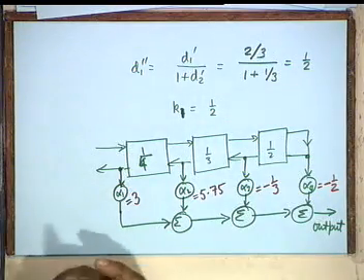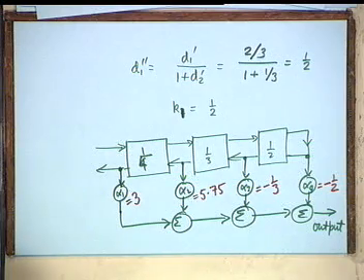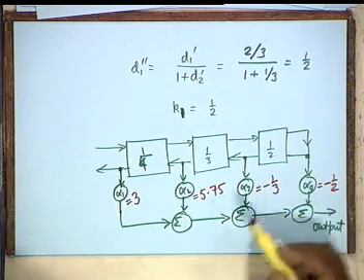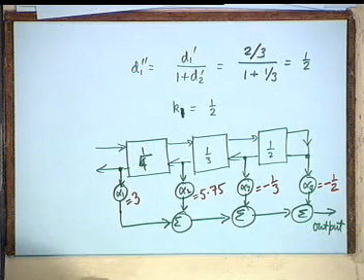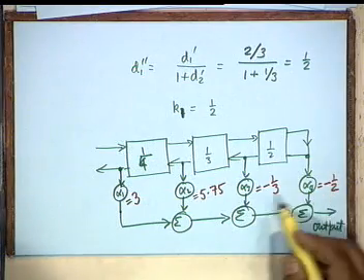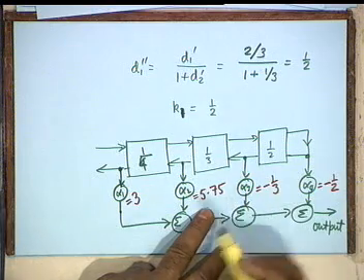coefficients you have calculated. Now, in these multipliers, the only source of problem is this multiplier minus 1/3, because whatever way you quantize it, you are going to have error. On the other hand, half is no multiplication, 5.75 is no multiplication.